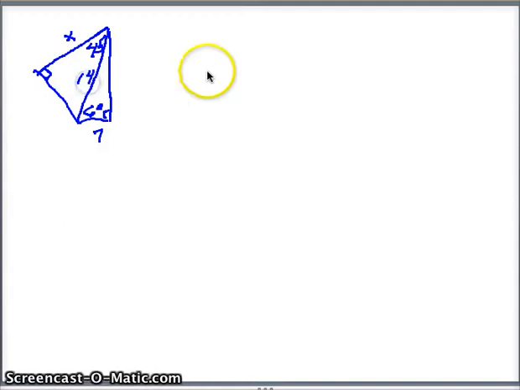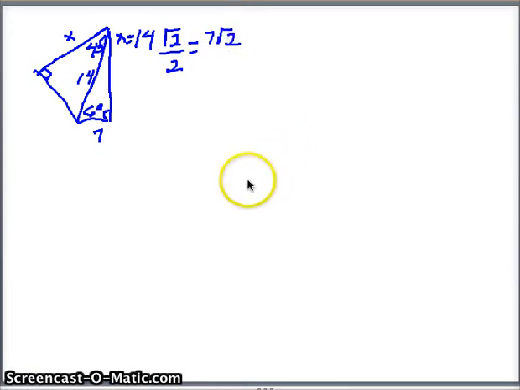So if the hypotenuse is 14, x is going to be equal to 14 times the square root of 2 over 2. And of course, the 2 will go into the 14, and that should equal 7 times the square root of 2. Okay.